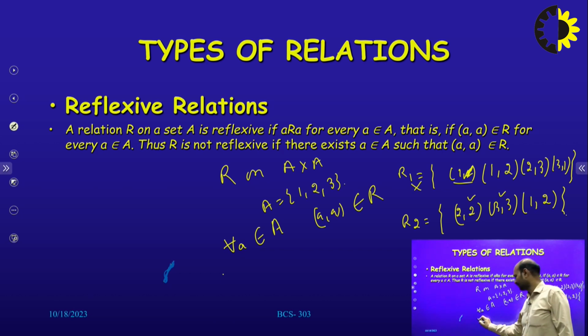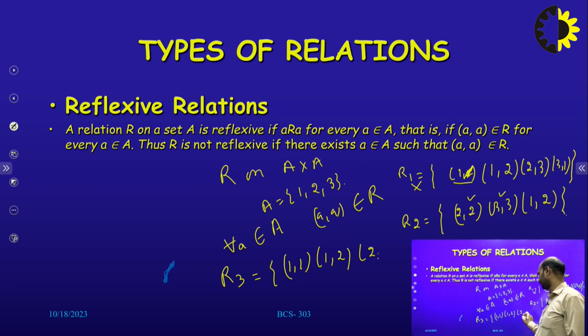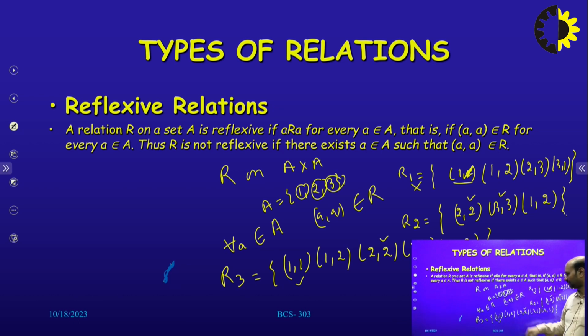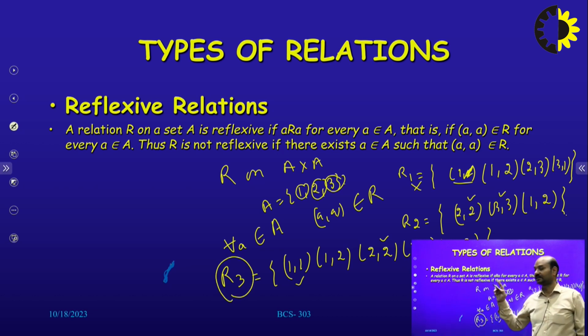Now take relation R3 equal to (1,1), (1,2), (2,2), (3,1) and (3,3). This relation is reflexive because it satisfies the definition: for all elements of this set, (1,1) is present, then (2,2) is also present, then (3,3) is also present. So this relation R3 is a reflexive relation.